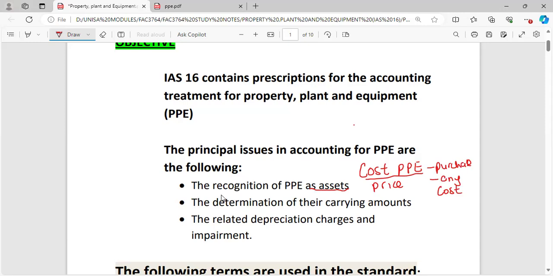So that is going to be your initial recognition of a PPE asset. If in the question they require you to recognize a PPE asset at initial measurement, what they are saying is you need to bring all cost to that asset. Then that is going to be the cost of that particular asset.